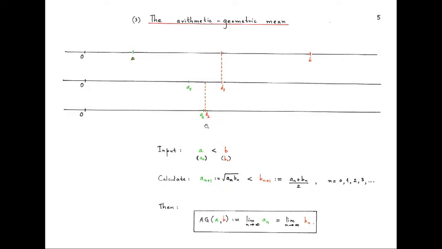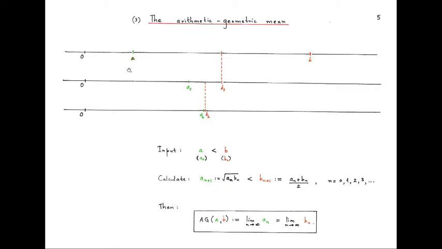And we can keep doing this process, creating a sequence of geometric means a1, a2, a3 and so on, and a sequence of arithmetic means b1, b2, b3 and so on. And visually it's clear that these two sequences are getting closer to each other, and in fact both sequences seem to be convergent with a common limit. And this common limit is what we call the arithmetic geometric mean.